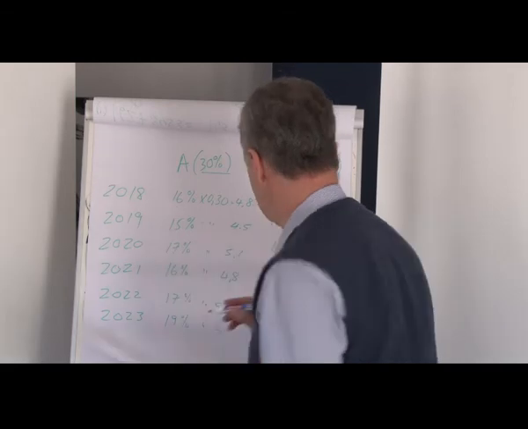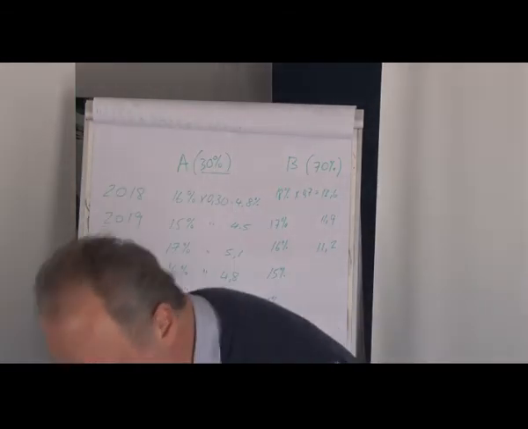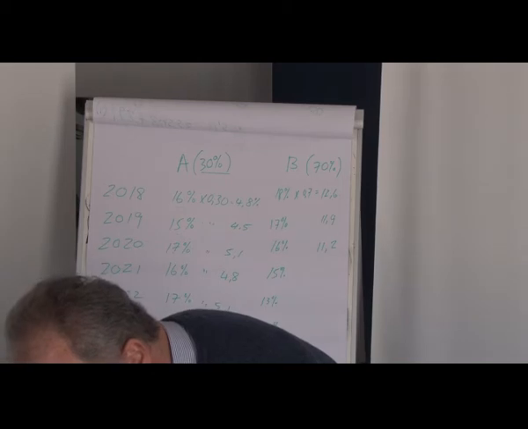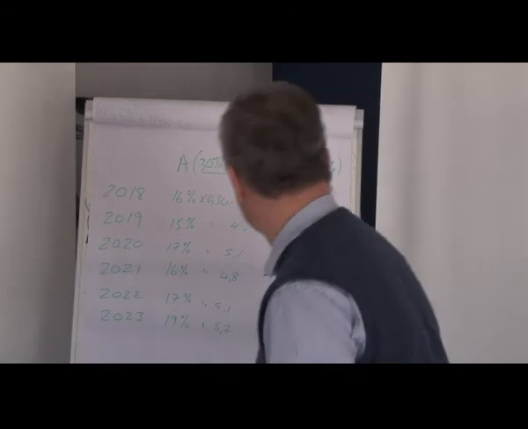I think this is 10.2. 16% times 0.7, 16 times 0.7 is 11.2, that's correct.